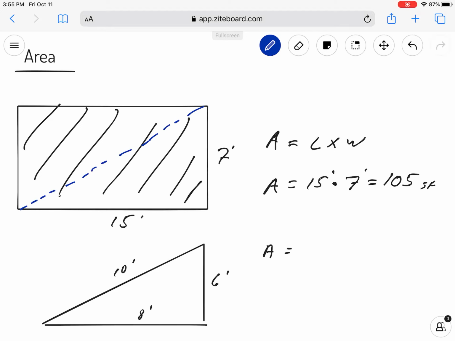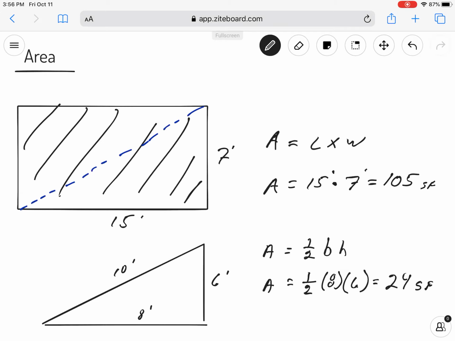Not the same triangle, not the same dimensions, but you get the idea. So we say that the area of the triangle is 1/2 of the base times the height, where the height is the same thing as width for a rectangle. So in this case I would have 1/2, my base is 8, and my height is 6. And that's 24 square feet.